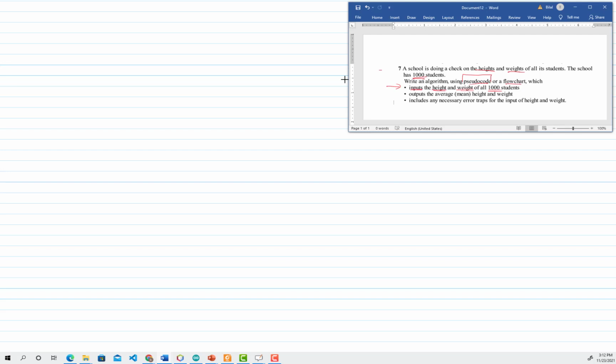And what is the output? It is the average of the height and the weight. So we need to find the average height and average weight of all these 1,000 students. How do we find that? We need to make a summation.